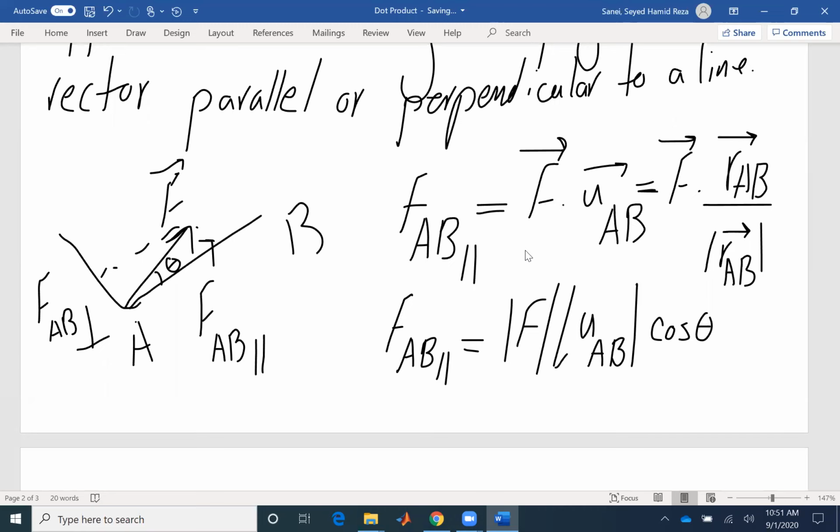I know the magnitude of a unit vector is 1, so that's F cosine theta. So it's similar to what we previously know for finding the projection. But here, if you have it in a vector form and you have the dimensions, not the angle, you can easily use the dot product definition to find the projection of a force or any vector on the line.